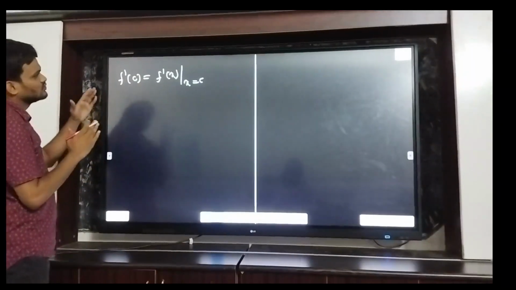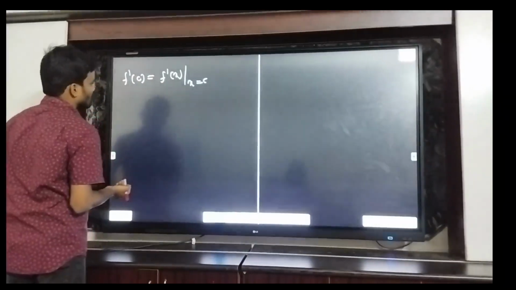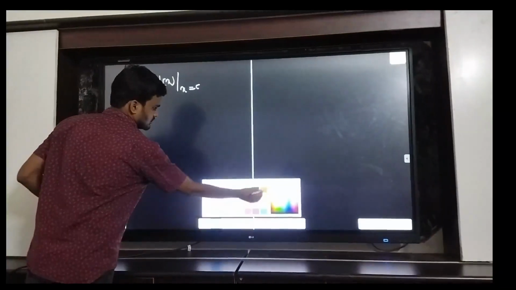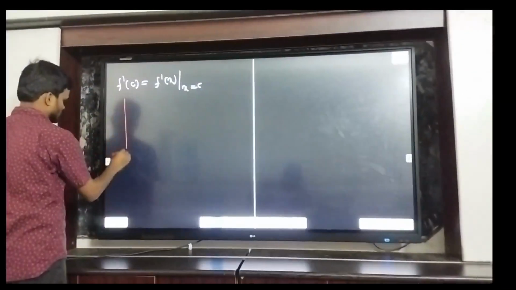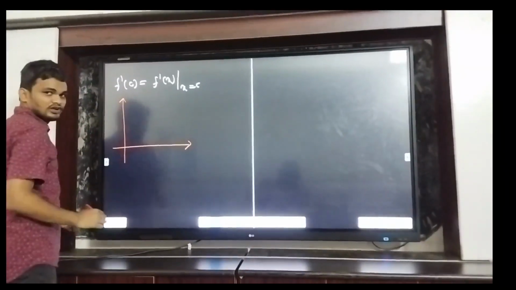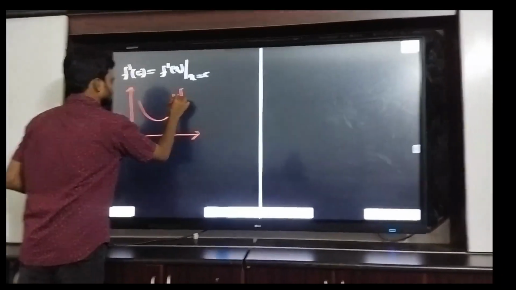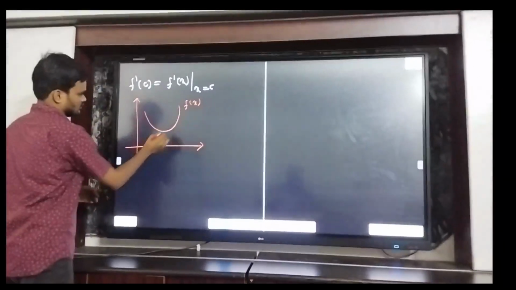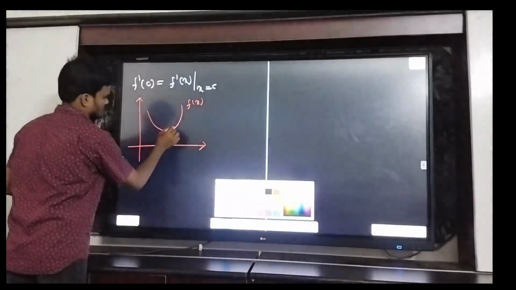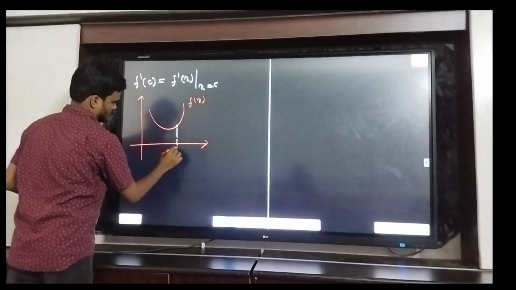Let's understand what is meaning of f dash x geometrically. So this is our graph. Let us suppose this is our f of x is a function like that. This is our f of x, and this is any point alpha.